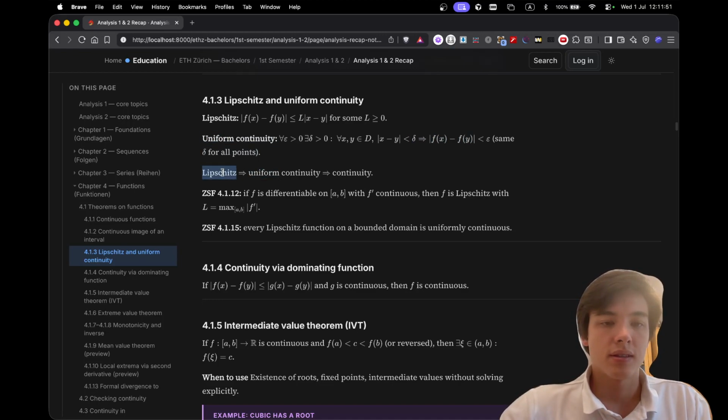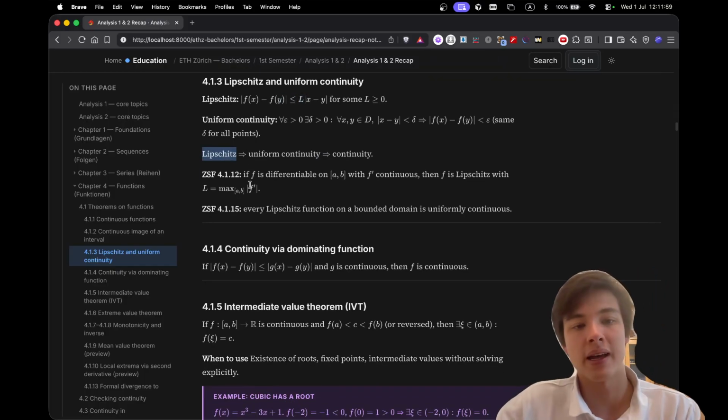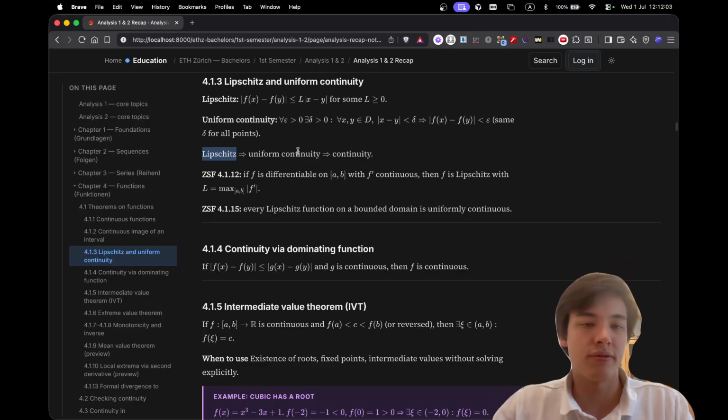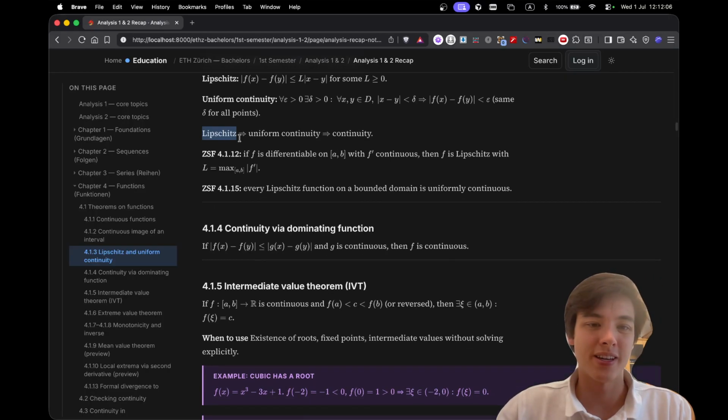So yeah, first we have continuity and then uniform continuity. If it's like this, then it's Lipschitz. It's bounded by that. We see the strength of these continuity types.